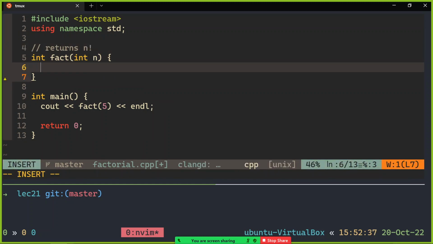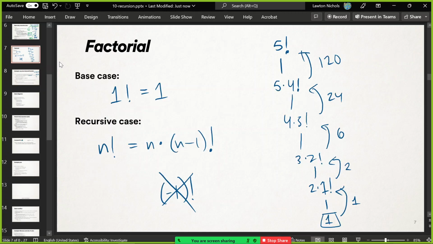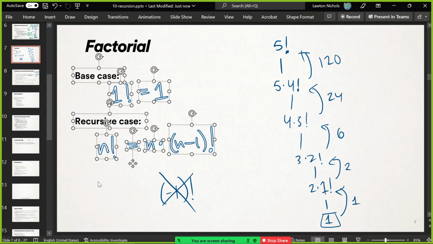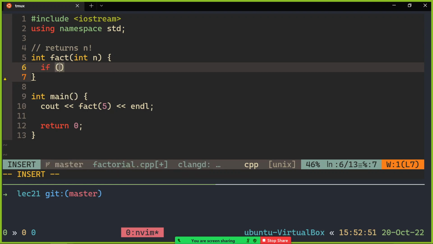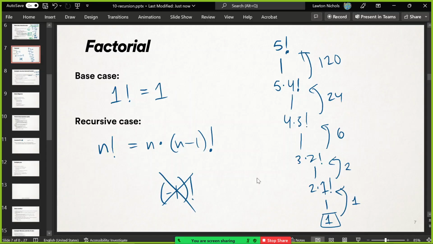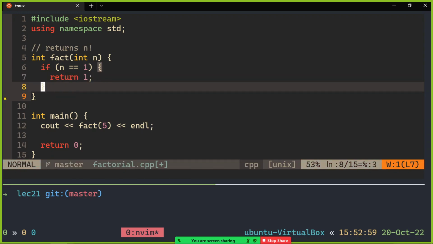Okay, that's where we're going with this. And so, all right, we need to figure out which of these rules applies to the n that we are asked to give the factorial of. So let's figure out first if we're in the base case or the recursive case. Because if n is equal to 1, we're being asked for the factorial of 1. We immediately know the answer. The answer is just 1. So give back 1 in that case.